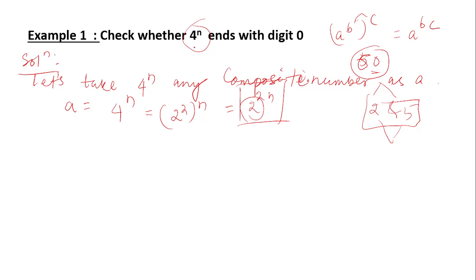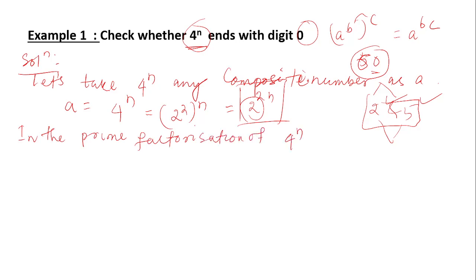But every number which ends with digit 0 must possess 2 and 5 as its prime factors. So in the prime factorization of 4 to the power n, 5 does not exist as a prime factor.